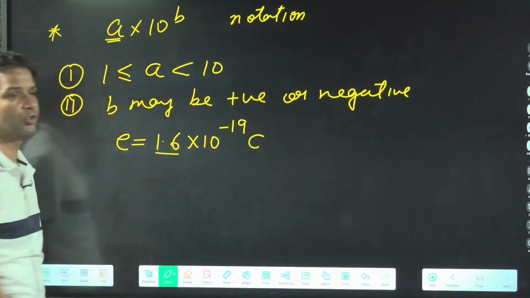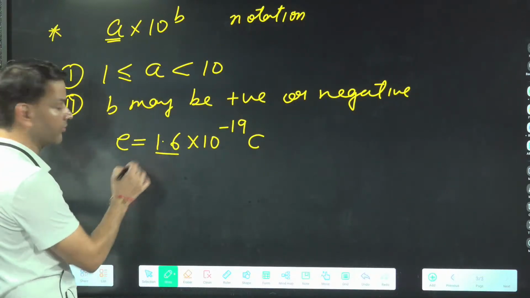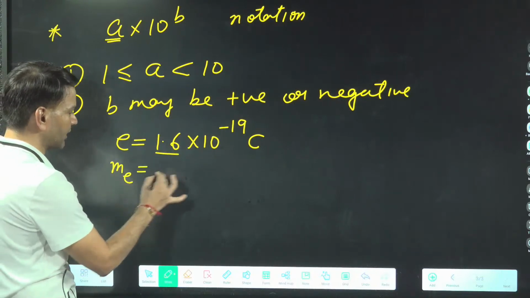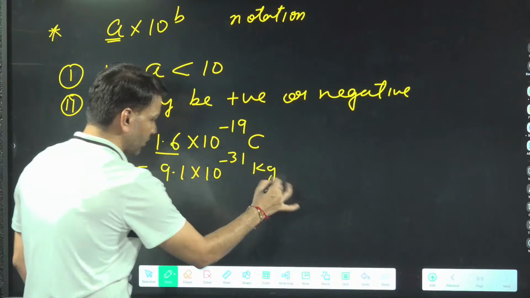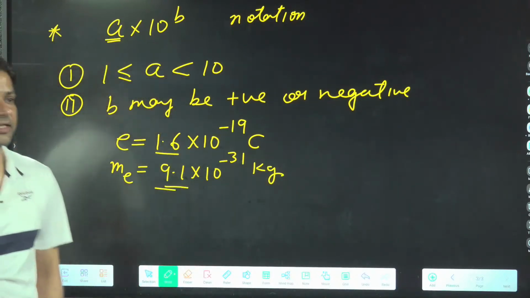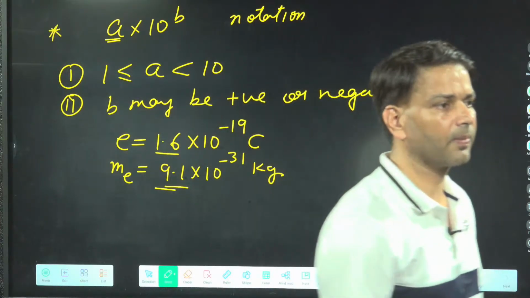Here the A value is 1.6, less than 10, more than 1. Mass of electron we write as 9.1 into 10 to the power minus 31 kg. Again here the A value is less than 10, more than 1. So that is the rule to write in this notation.